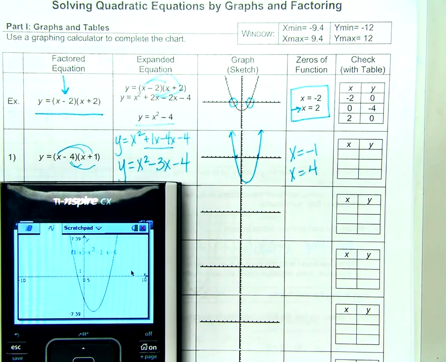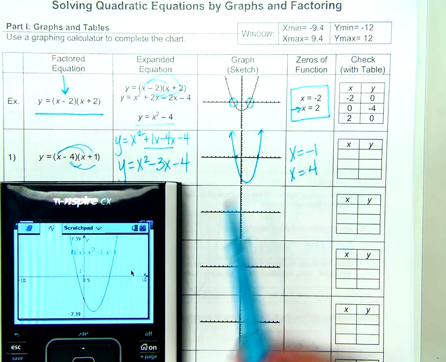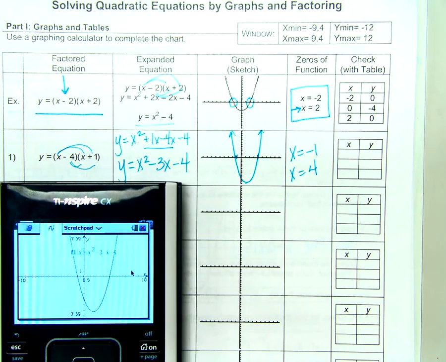Now, compare the zeros with the factors. Compare the zeros with the factors. Out loud.